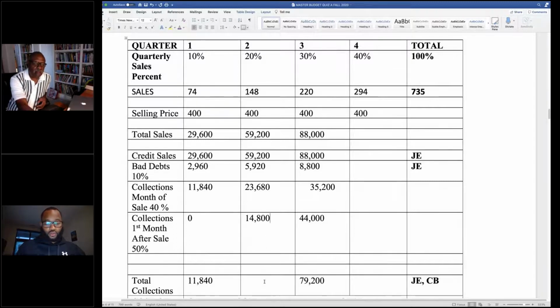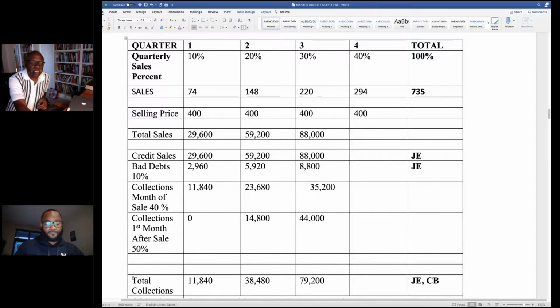So what about total collections? Let's see. Did you tell us we add them together? Yeah, we add. Okay, so hold on. Plus 23,680. 38,480. How much? 38,480.